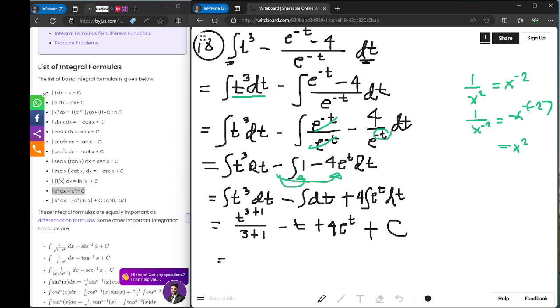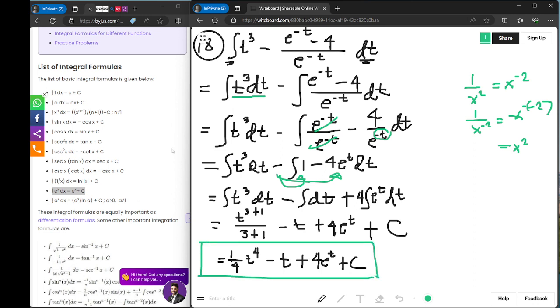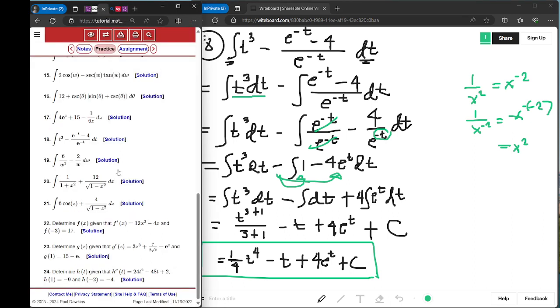Simplifying further, this is equivalent to 1 over 4 t to the fourth. So that's 3 plus 1. 3 plus 1 is 4. Then minus t plus 4e to the t plus c.